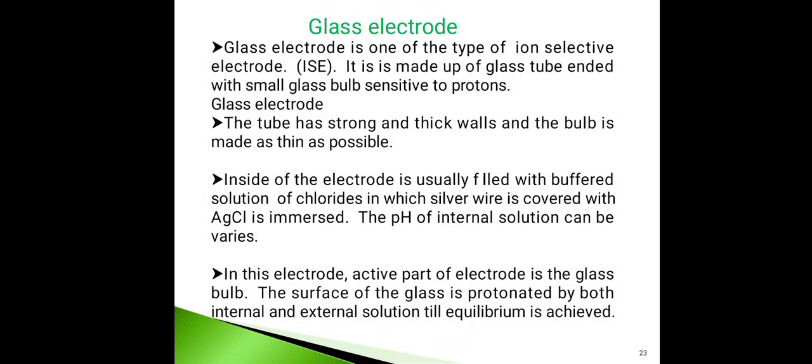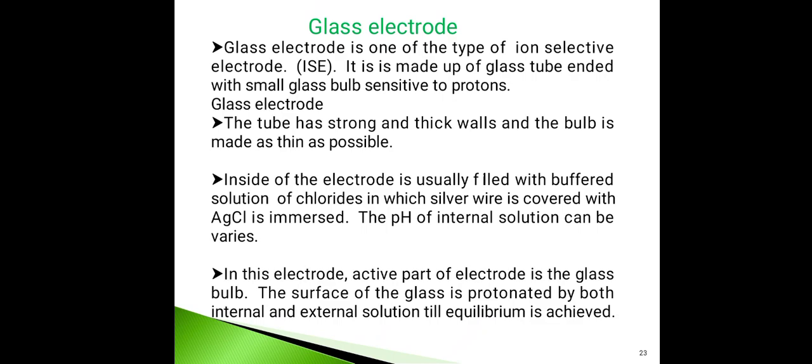Now we will be moving on to the second important type of electrode, a secondary reference electrode, which is useful for determining the pH of the given solution, and it is called the glass electrode. A glass electrode is one of the very important types of ion selective electrode. Specifically, it recognizes H plus ions, and that's why it is called a glass electrode or else a pH electrode.